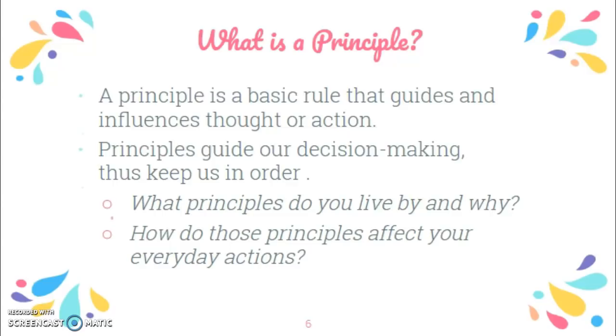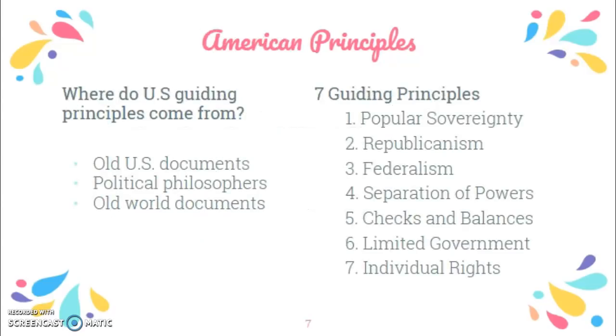Now, let's try to see the ones that our nation lives by. So, American principles. Where do the U.S. guiding principles come from? Well, some come from old U.S. documents. Others come from political philosophers like John Locke and Thomas Hobbes, and old world documents like the Magna Carta. Now, there are 7 guiding principles.